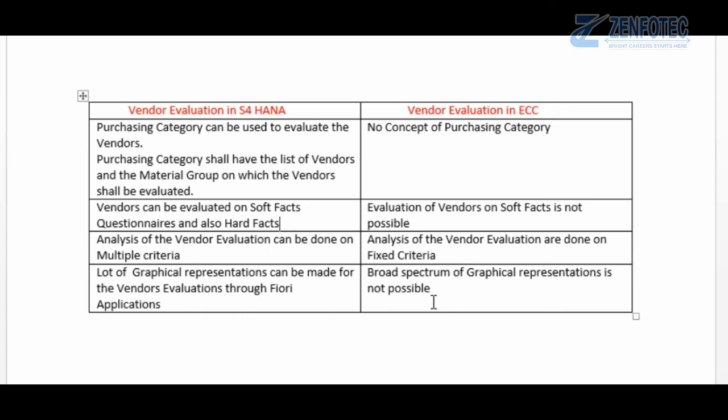We can see in a chart view, we can see in graphical view, many views we can make, and we can also put in a lot of selection criteria under which the vendor can be evaluated. Okay, so let us move ahead, where I shall explain how the vendor shall be evaluated in SAP S/4HANA.